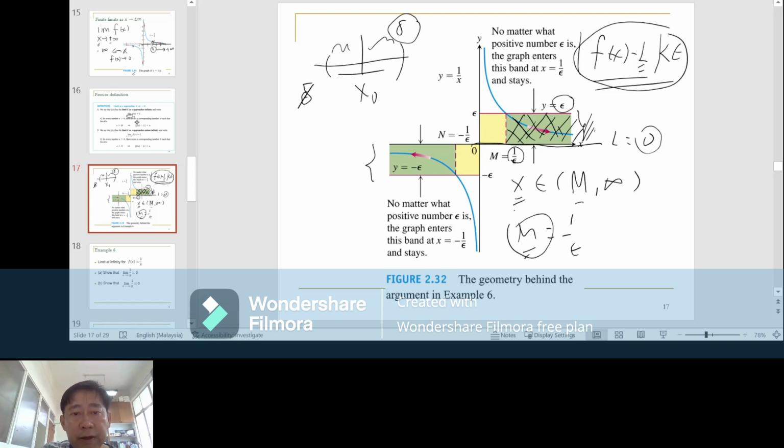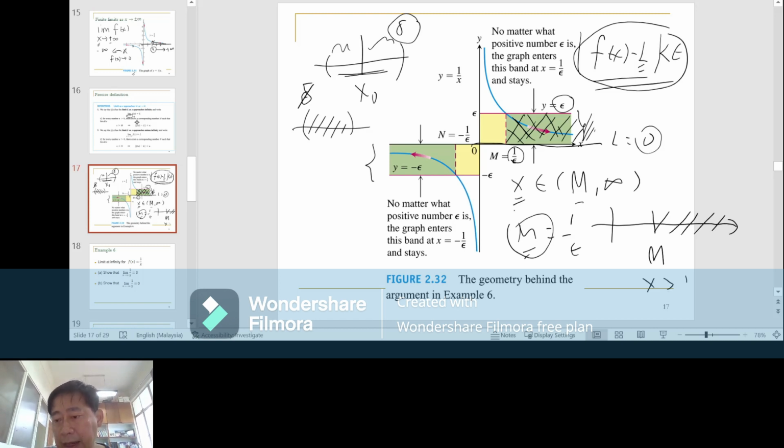In the case of internal intervals, the delta interval is limited to some finite region, whereas for the case of proving that a function has a limit when x tends toward positive infinity, you have to show that there exists a value of m where, as long as x is larger than m, then the condition is fulfilled.